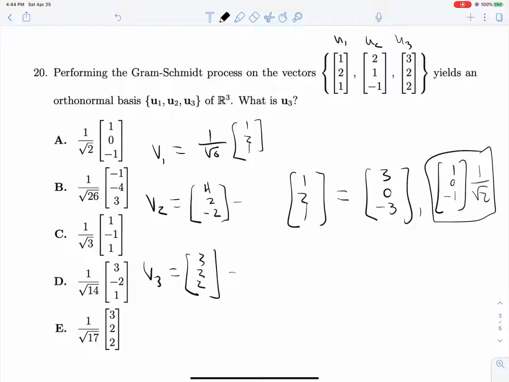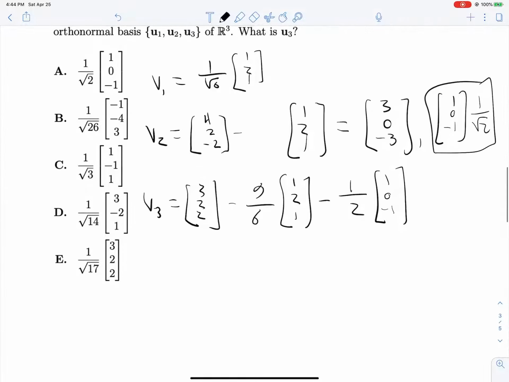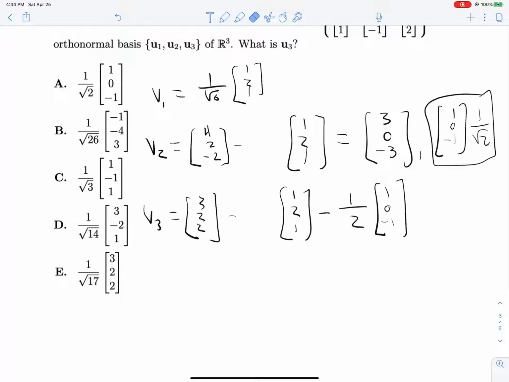That gives us 7, 8, 9, divided by v1 dot v1, which is 6, multiplying that by v1, 1, 2, 1, and then we're subtracting out the projection of u3 onto v2, which gives us 1 on top, and on the bottom we get 2, and then we're multiplying that by 1, 0, negative 1, and if we simplify this all out, we should have our answer. Okay, this can become 3 over 2.